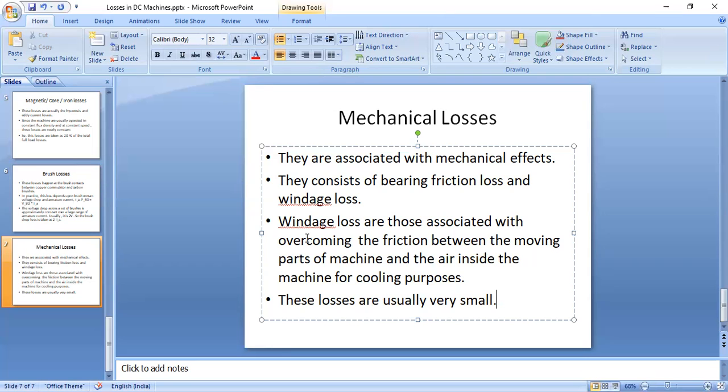Both losses, windage and bearing, come under the mechanical losses, and the value is very small. For a small machine it is neglected. For a large machine it is 1% of the full load.